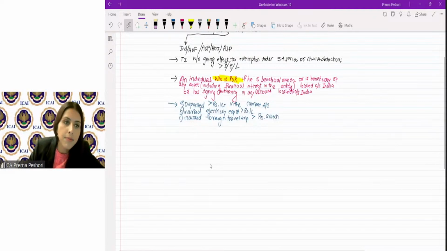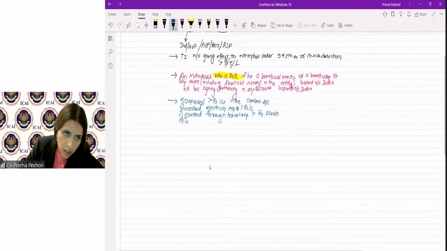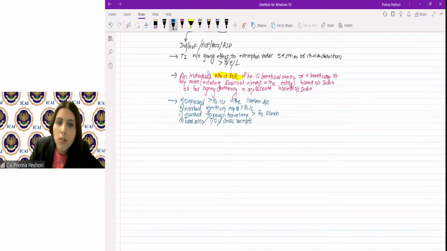Then total sales, turnover, or the gross receipts exceed rupees 60 lakh. Total gross receipts, this is 60 lakh of the business. This is for the business.